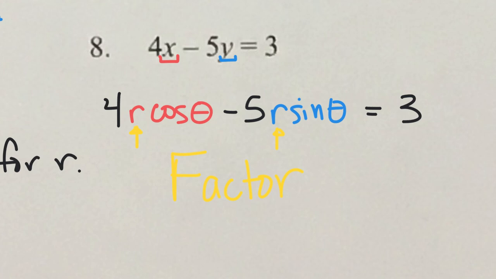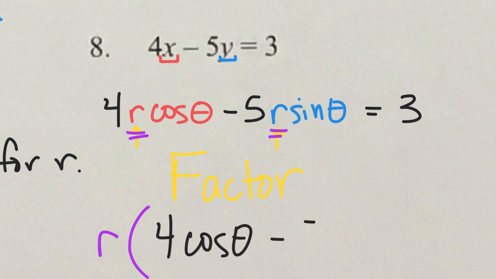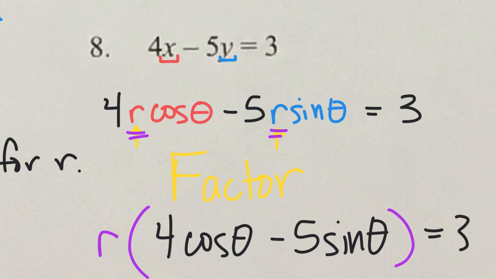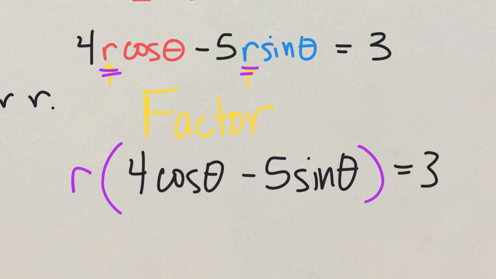What do 4r cosine and 5r sine have in common? They have an r in common. So I'm going to common factor out the r. So this leaves me with 4 cosine theta minus 5 sine theta when I common factor out that r. Okay, so if we ever have multiple equations with the same letter, you can factor that same letter out of every equation.